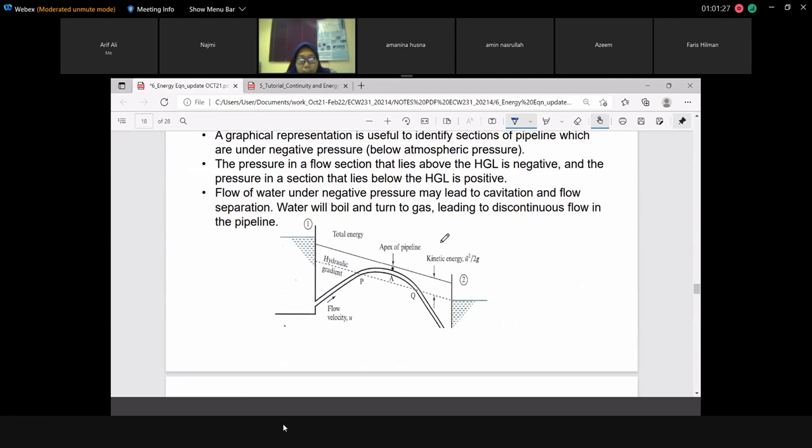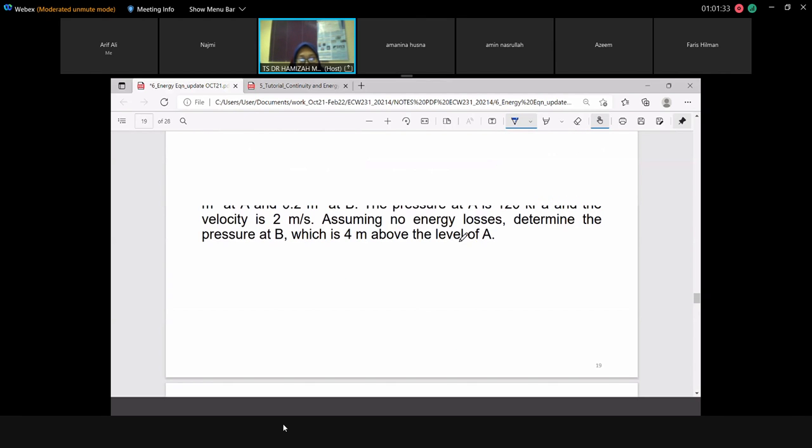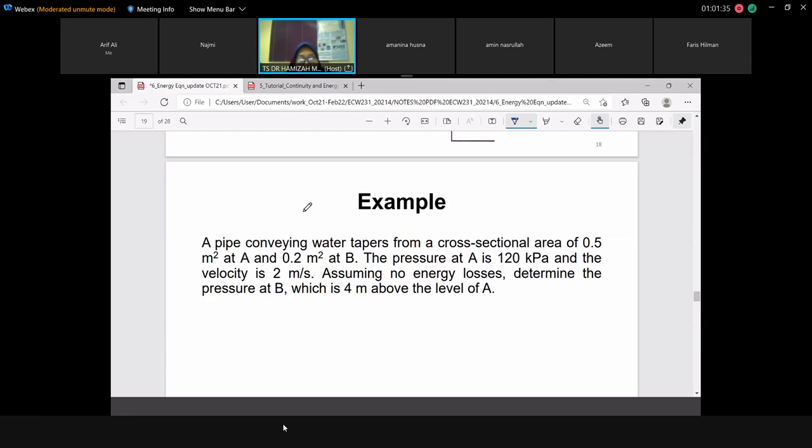Okay, we go through one example. This is a pipe conveying water. Given that the cross-sectional area is 0.5 at A and 0.2 at B. So this pressure need to convert into meter lah. That's why we use pressure divided by rho g.